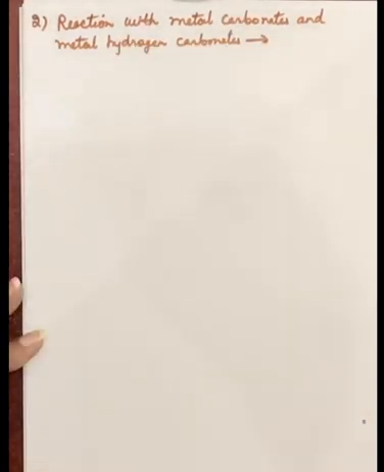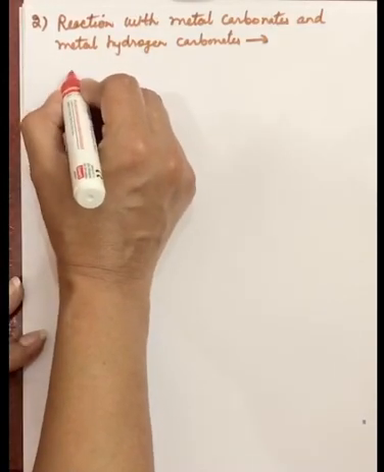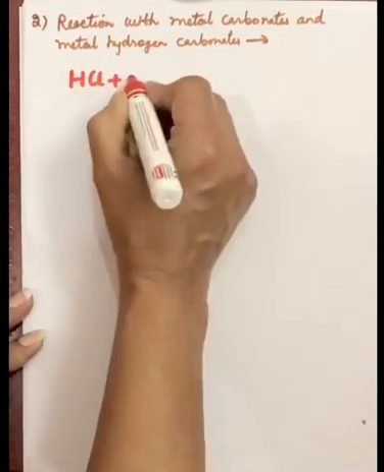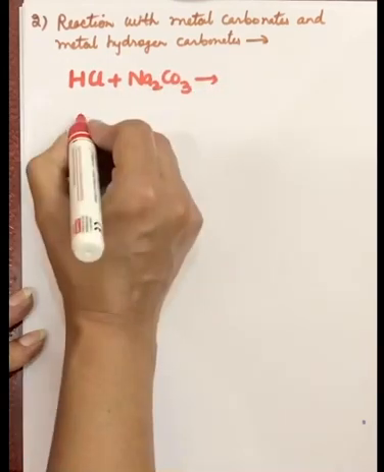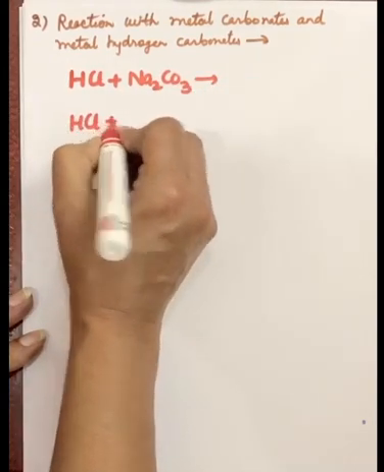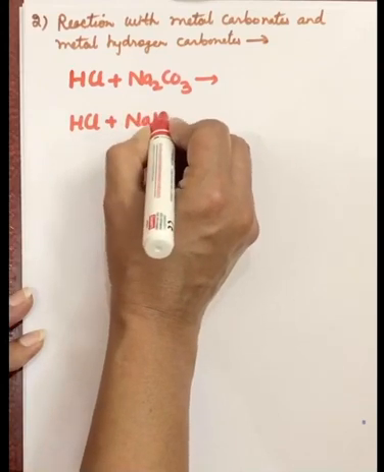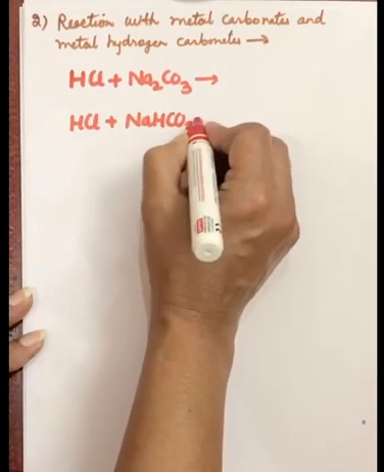As an example, I am taking acid reaction with a carbonate like sodium carbonate, or we can take sodium hydrogen carbonate, also called sodium bicarbonate.